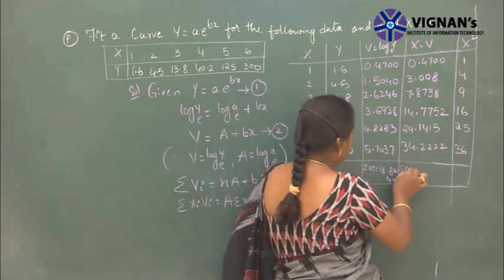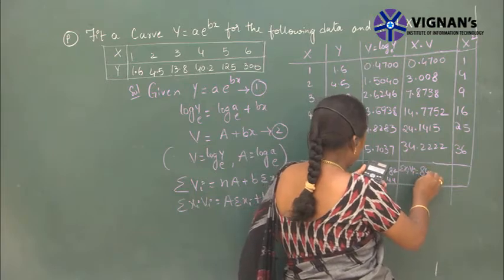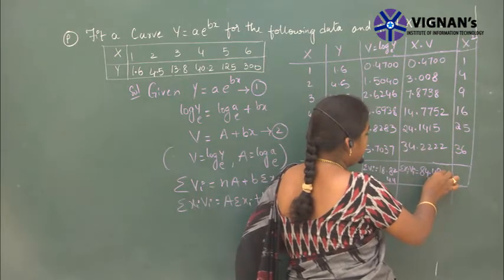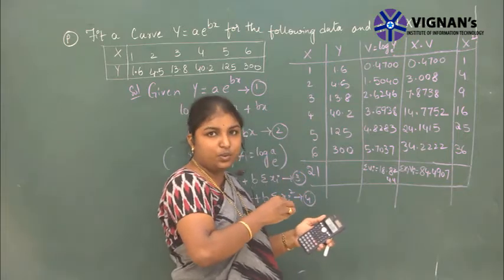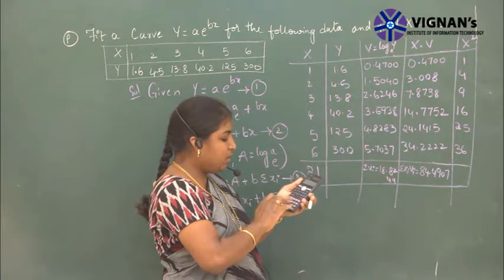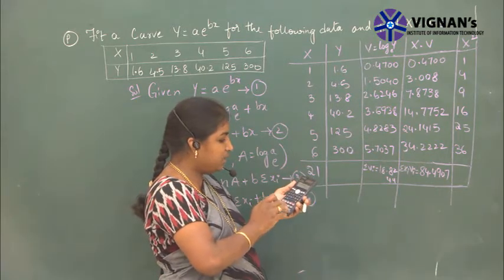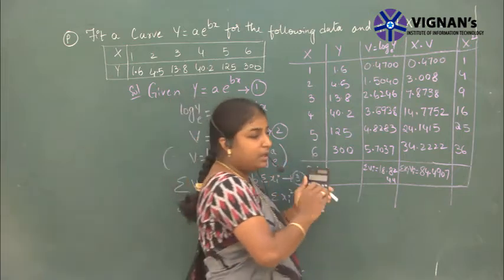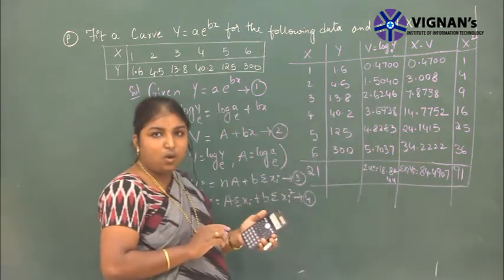Summation xi into vi is equal to 84.4907. Next, you are taking summation xi square. That means you are adding all the values in x square. 1 plus 4 plus 9 plus 16 plus 25 plus 36 is equal to 91. Okay. So now we get all the values.